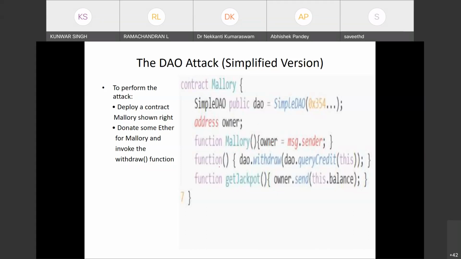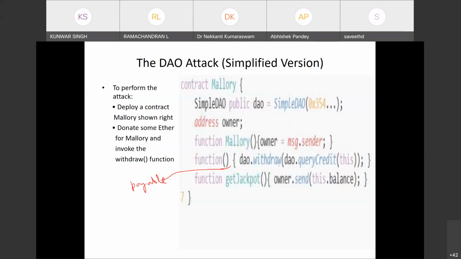Now this function is the fallback function. As you've seen in the real trace, he has created the fallback function in this way. The money will be transferred into this, payable has to be there. Money will transfer, payable will be there. And then inside he has written this code.